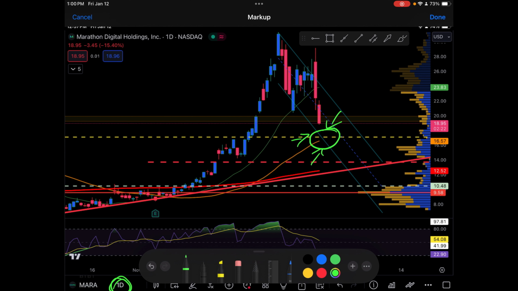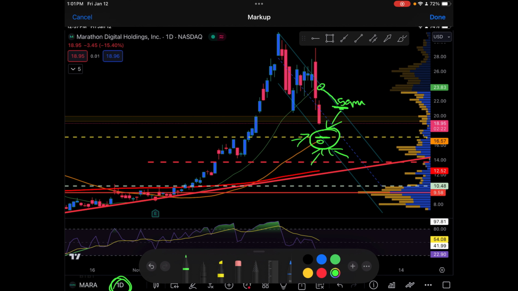Just like on Bitfarms, like I mentioned in my previous video, I'll post this right after. What happens when price gets to 16.57 and it touches the 20 EMA? Do we go back to the 5 EMA, which is up here, which by then will probably come down to around 20-ish dollars?